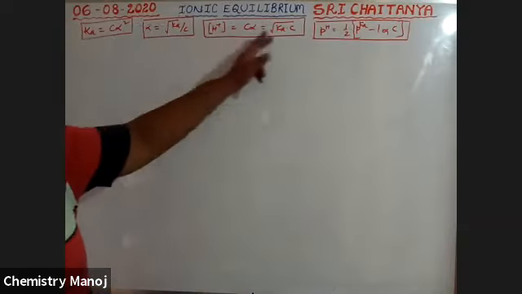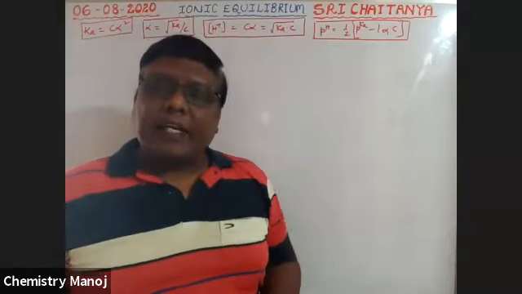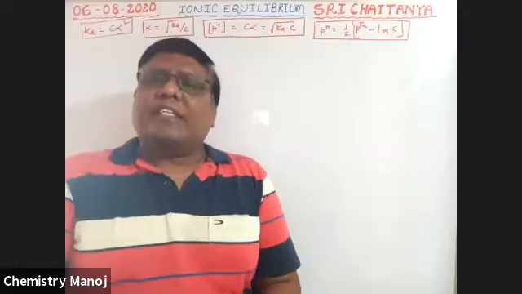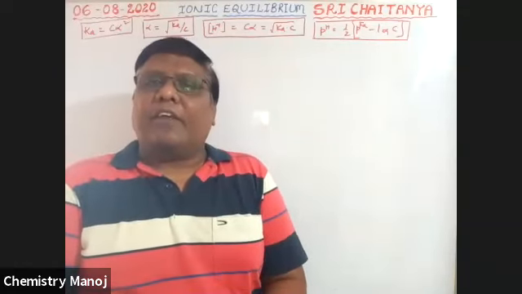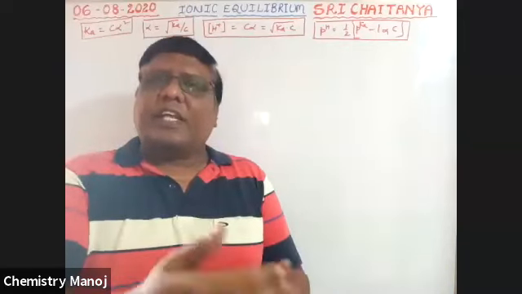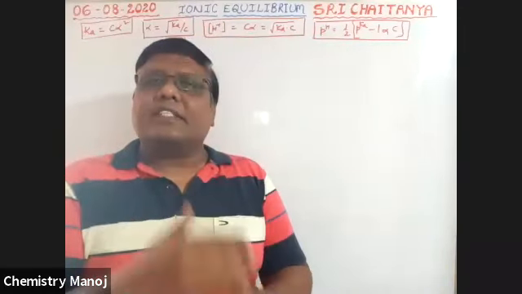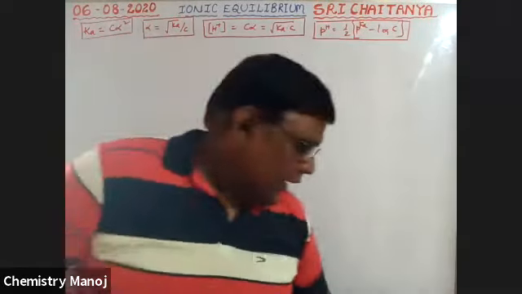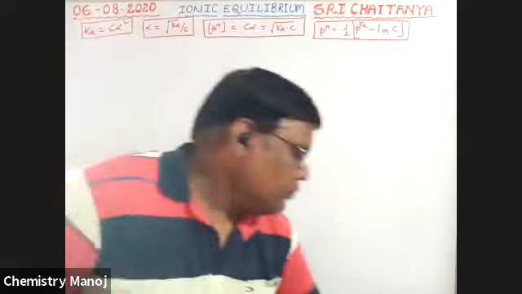Okay. So these are the formulas for weak acid conditions. The relative strength of weak acids is explained with the help of Ka value, which is more acidic and which is less acidic. The strength of two acids is explained with the help of this Ka value.